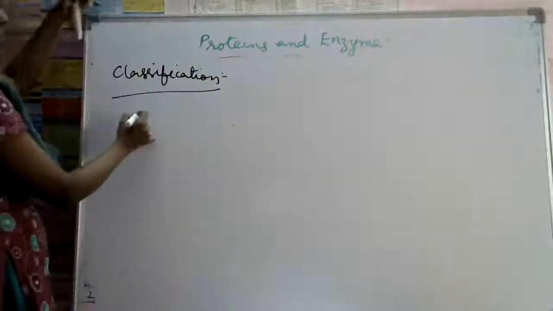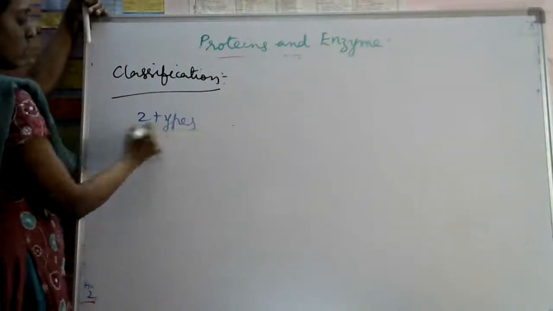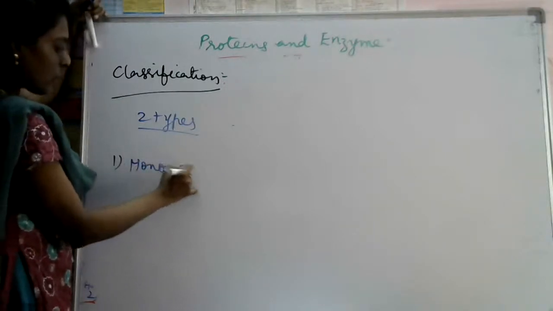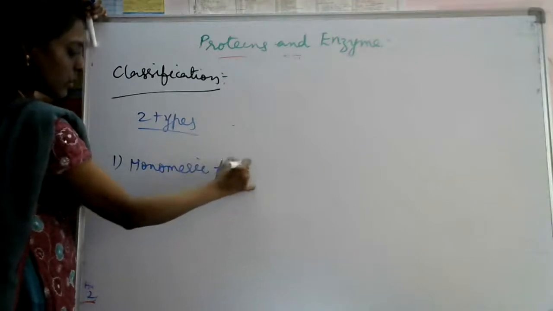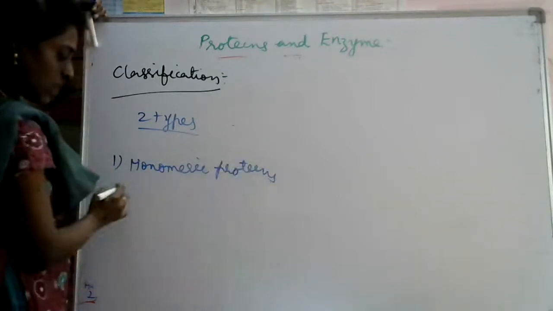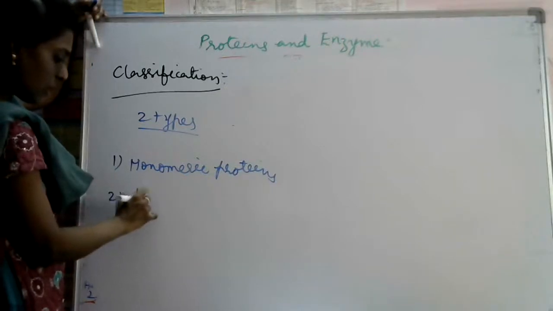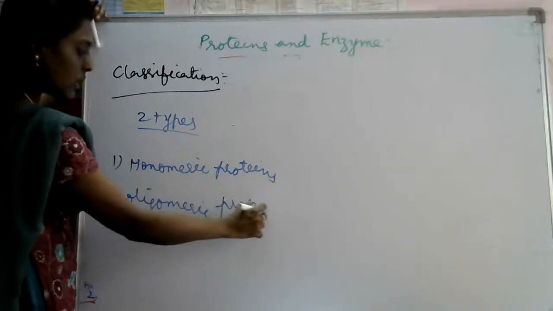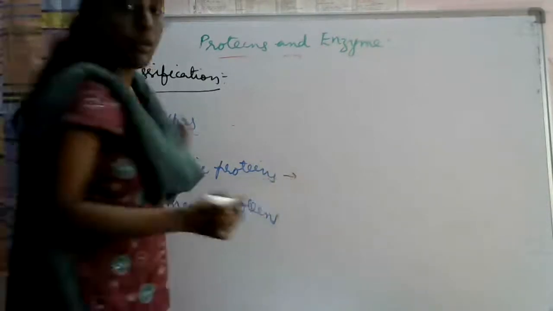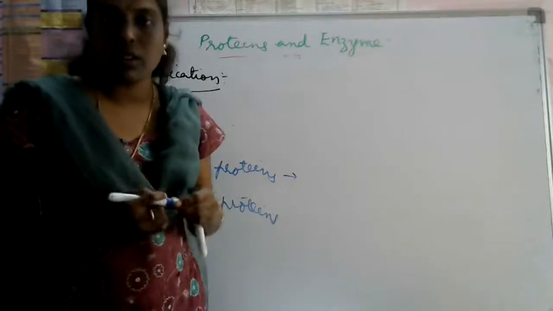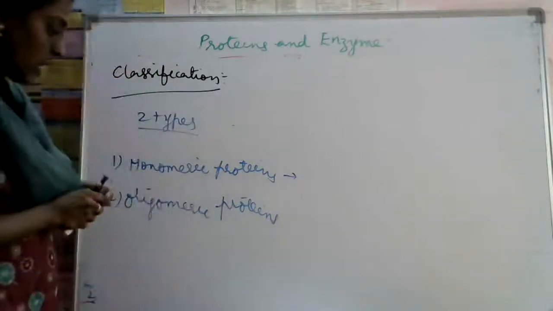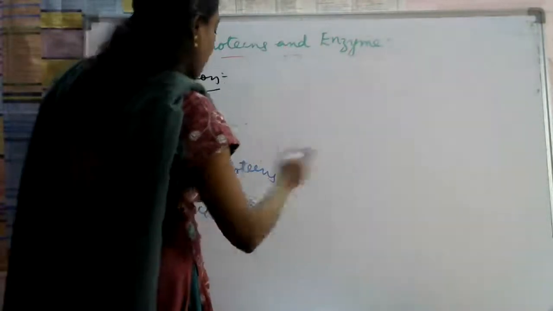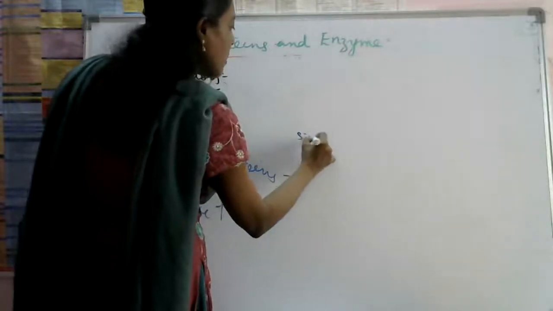Based on this, proteins are classified into two types. One is monomeric proteins, and the second is oligomeric proteins. Mono means single, right?